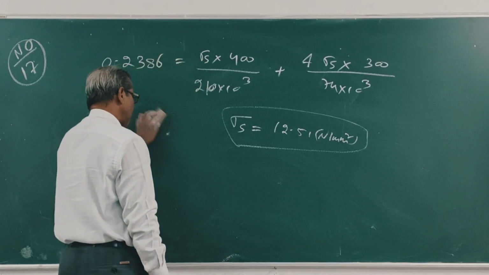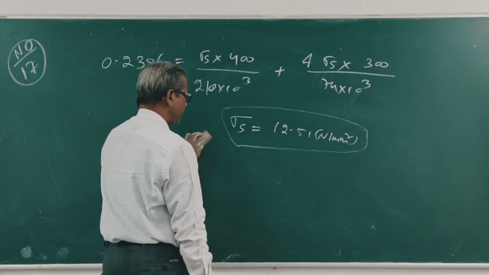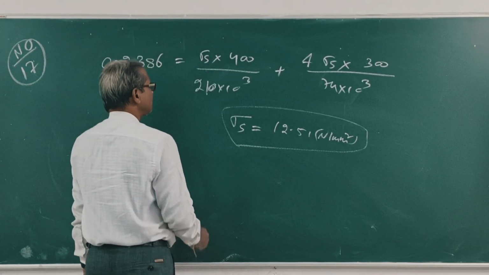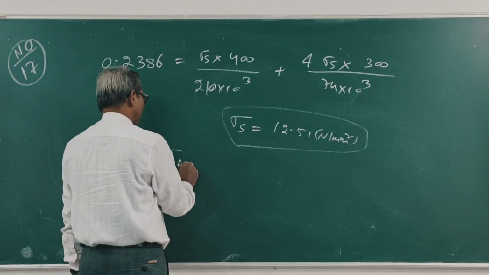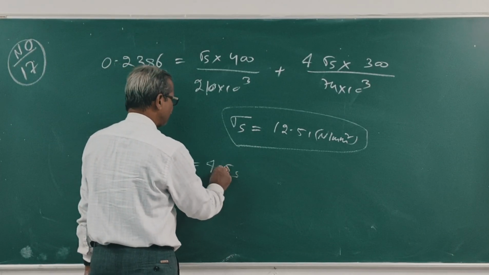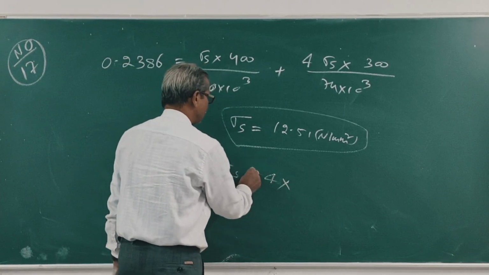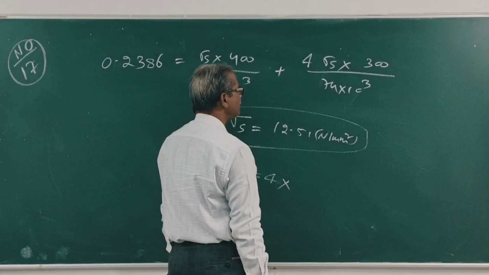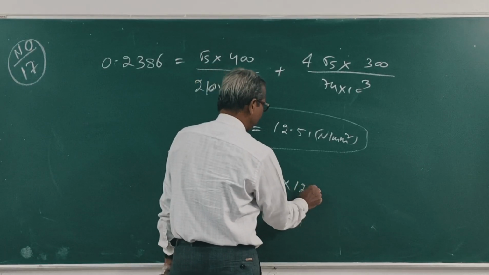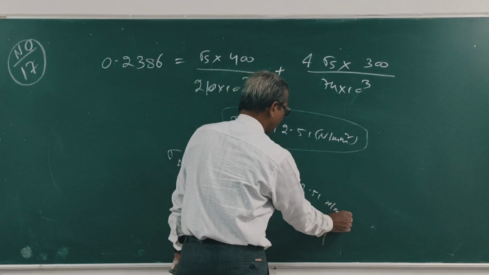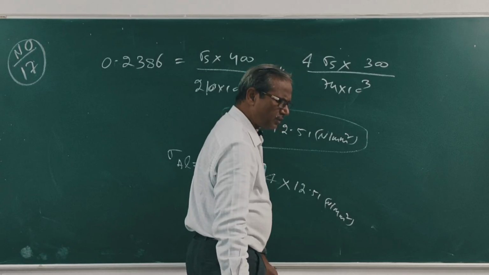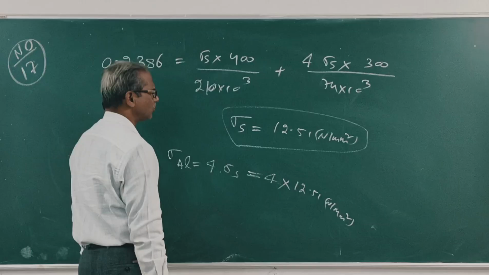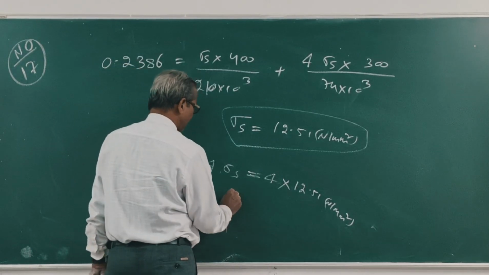Next, sigma A. What is sigma A is equal to? 4 sigma S. 4 into what is sigma S? 12.51. Clear? This becomes 50 something.